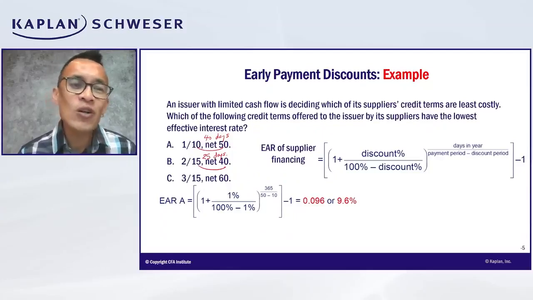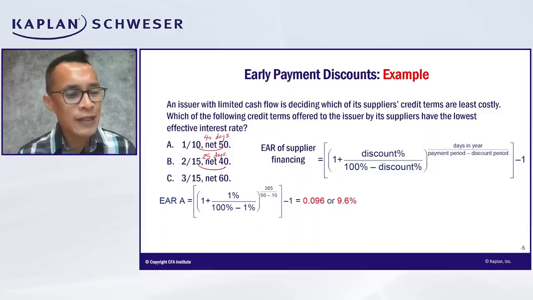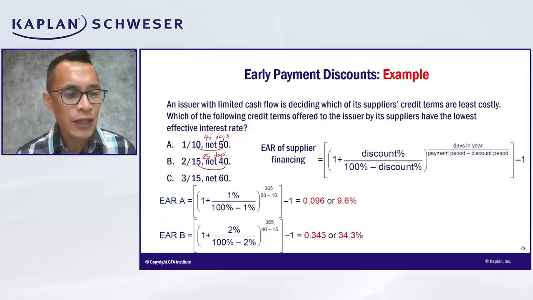Now, this is clearly better than A, since it is a larger discount at 2% versus 1, and the payment is due in a lower number of days. So if you do the computation on that, the rate comes out to 34.3%, and it's virtually certain that you can borrow funds in this market nowadays for less than 34.3% to pay off the full amount on day 15 instead of day 40.